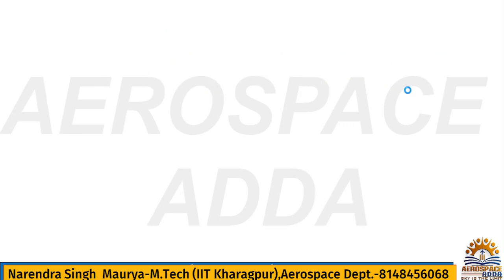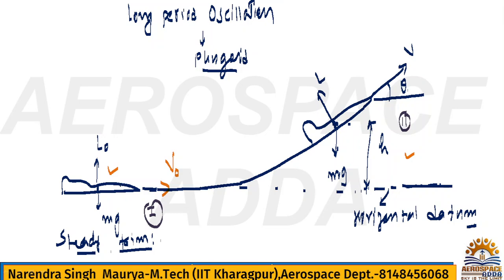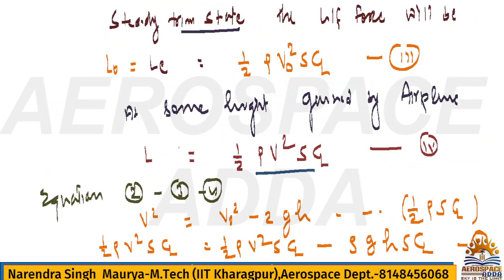Now instead of L naught, can we write L naught equal to something, because it's a steady state condition? If there is a steady state condition, can we say lift is equal to weight? And what is the weight? Weight is nothing but mg, right? In the performance subject you had seen that at a steady state or equilibrium condition, lift is equal to weight. That you know very well. You just place that value simply.